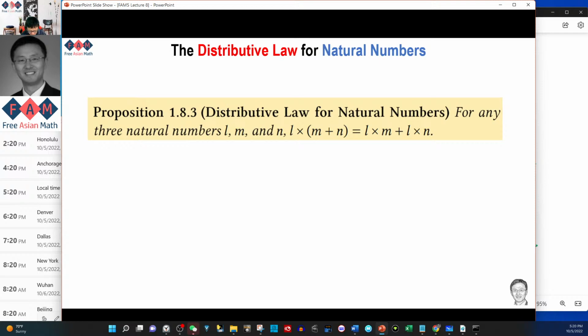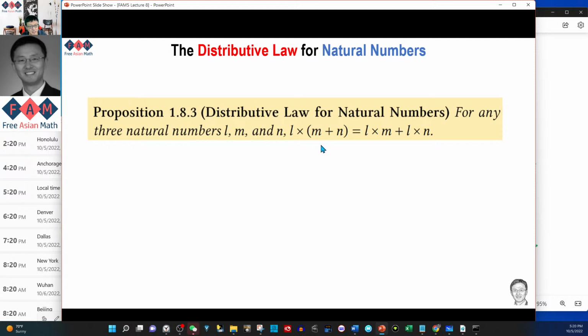So, what is the distributive law? Three numbers, L, M, N. If L times (M plus N), remember the parentheses change the order of operations. So in this expression on the left, you have to perform the addition first.